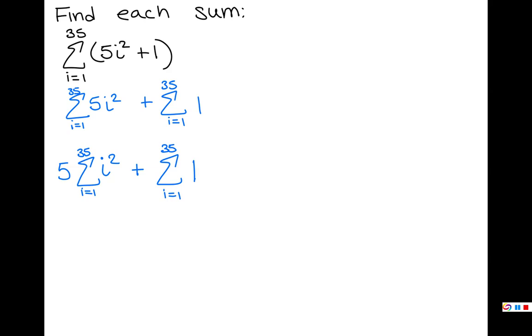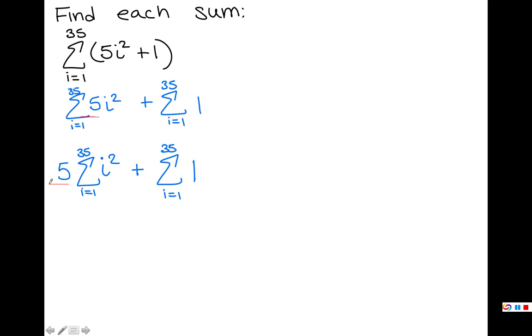So I can find the sum of the 5i squared first, and then add that to the sum of 1. You can do each piece in the sum or the difference separately. And when you have a constant times a function, that constant 5, we can take that 5 and pull it out front.